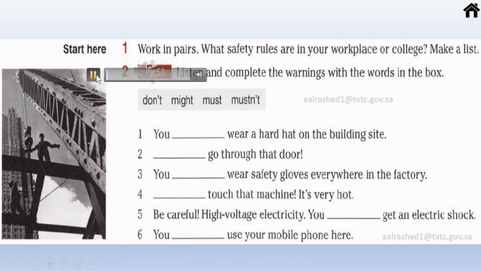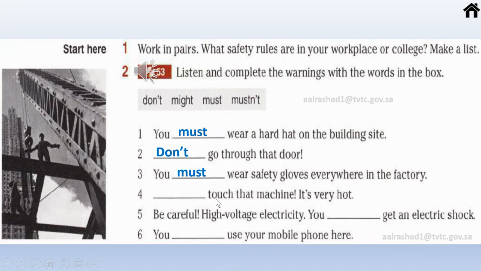Unit 10. 53. 1. You must wear a hard hat on the building site. You must. 2. Don't go through that door. Don't. 3. You must wear safety gloves everywhere in the factory. 4.